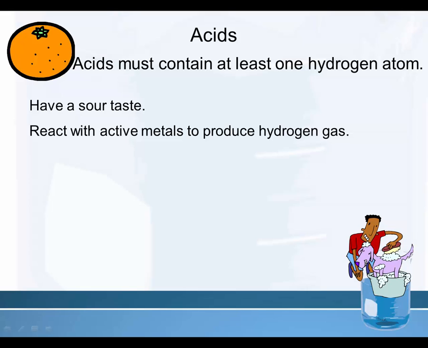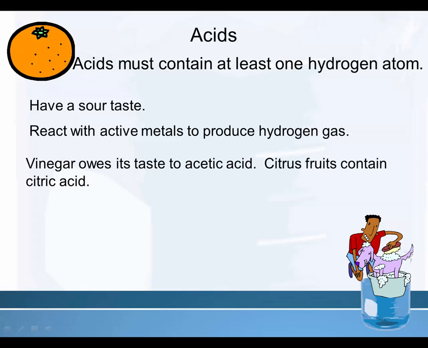They don't react with non-reactive metals because non-reactive metals don't react, hence the name. As a matter of fact, vinegar owes its taste to acetic acid. Citrus fruits contain citric acid. Yeah, lemon bars. All right.